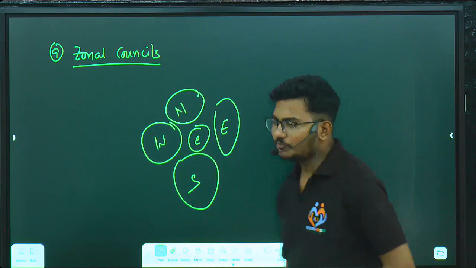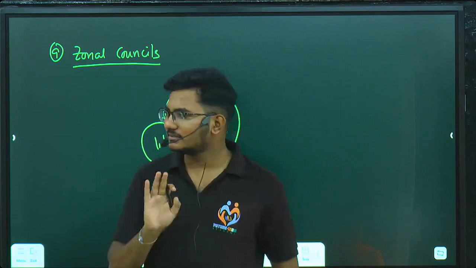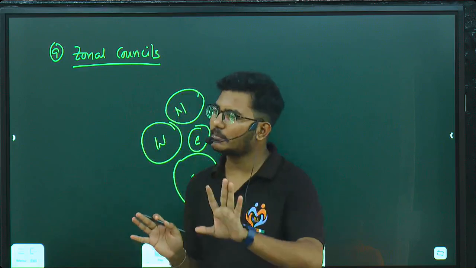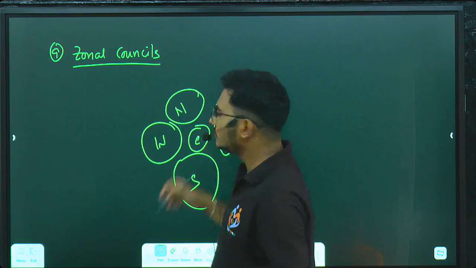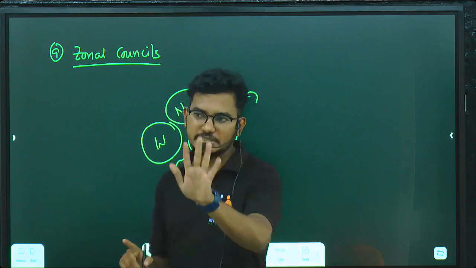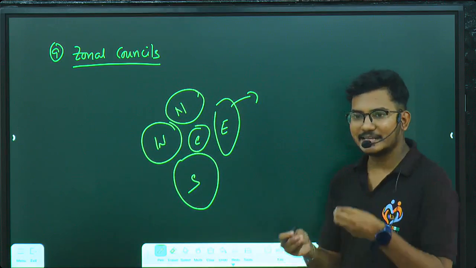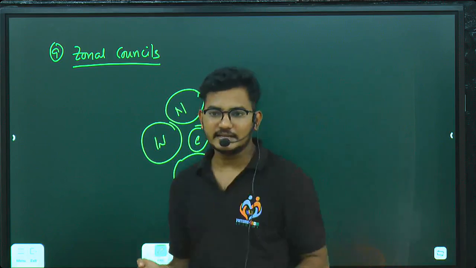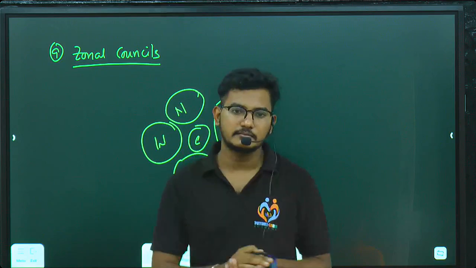Why? If, being a single state, I'm raising my voice towards the center, that doesn't make much impact. But let's say West Bengal, Bihar, Odisha, Jharkhand, Chhattisgarh, these 5 states come together, set up their meetings, discuss their common conflicts with the center, and raise their voice together.